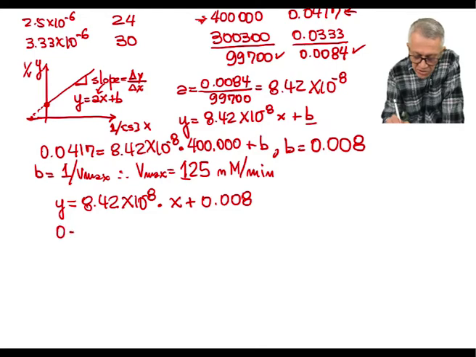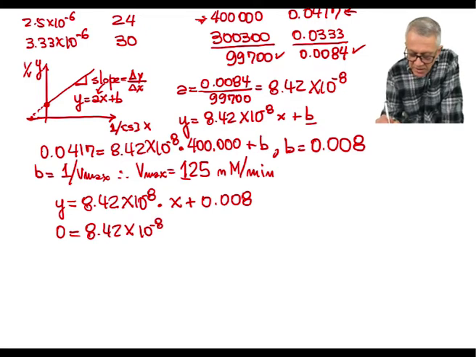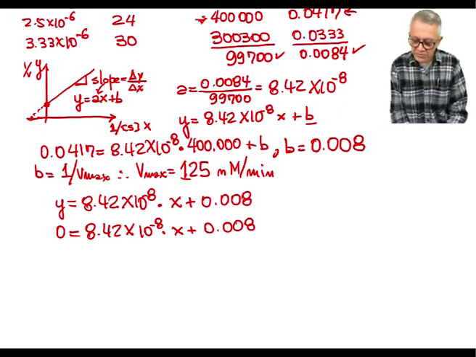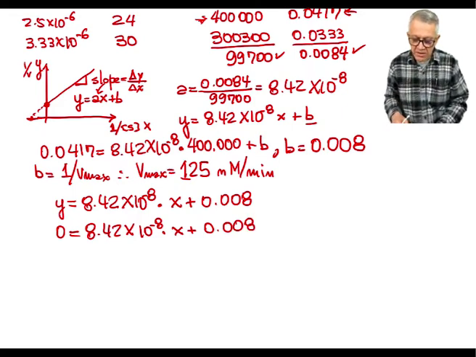y equals 0, 8.42 10 to the power of minus 8 times x. That's what I want to find out, right? So it's going to be 0.008 negative divided by 8.42 10 to the power of negative 8, change sign.